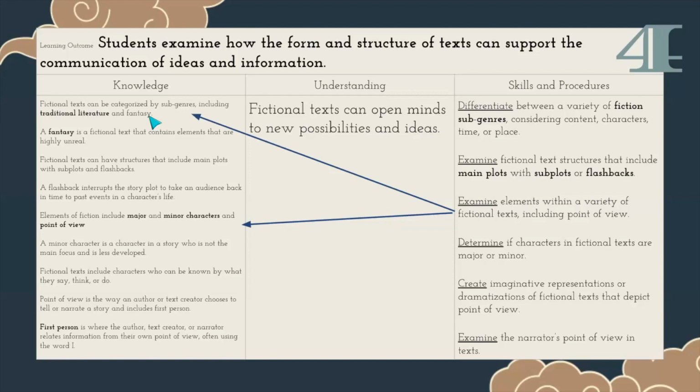So we need to be having conversations with our colleagues in other grades and deciding who is picking which traditional literature to look at, making sure that students aren't studying fairy tales for 6 years in a row. Some of the elements of text include major and minor characters or point of view. And so you're going to look at some work around characterization.